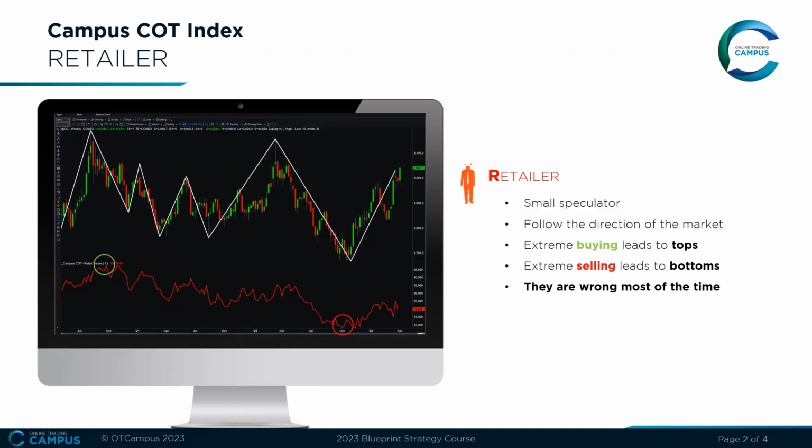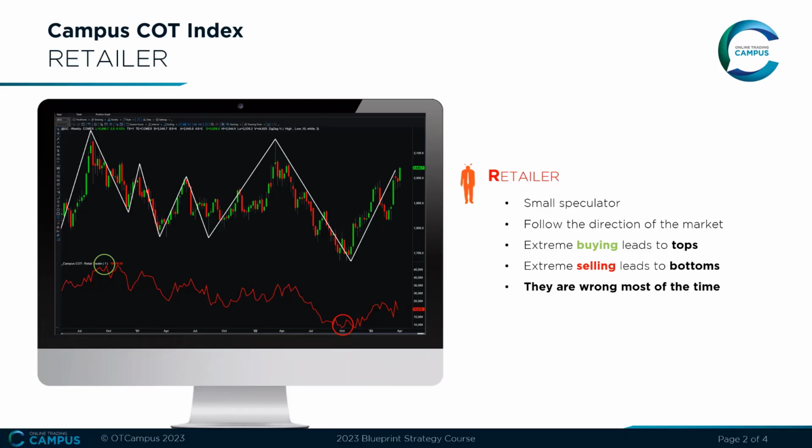So they represent the public for most products. The retail traders as a group, we know them to be notoriously wrong most of the time. They're not wrong all the time, but they're the most inconsistent player in the game. When their long exposure is extremely high, meaning they are extremely bullish or extremely greedy, the market usually goes down or is about to go down.